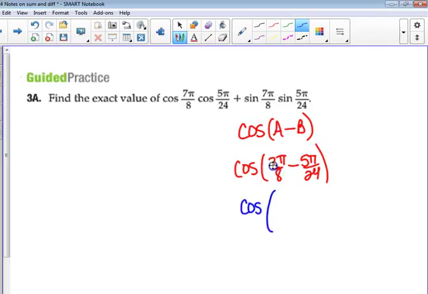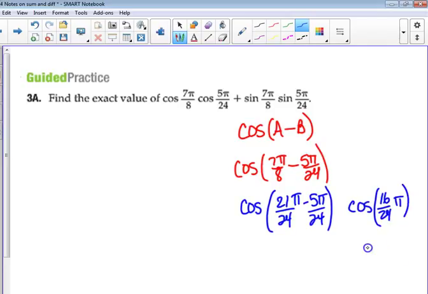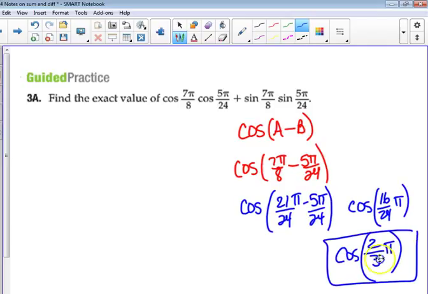If I made this 21/24, it would be 16/24, which reduces by 8 to 2/3. Is that what you got on the calculator, guys? Which does simplify. It's like negative 1/2, yes?